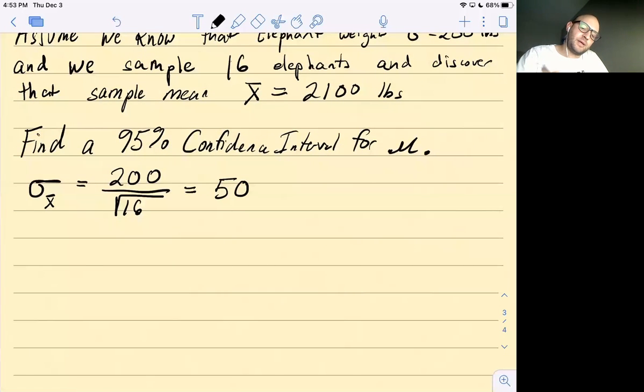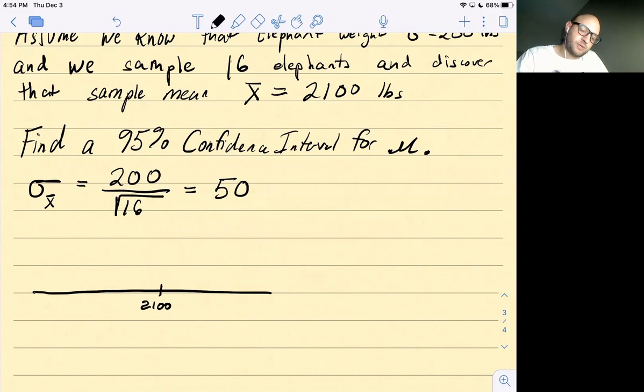And the reverse reasoning is that I'm going to see how far away I can be from 2100, so that there's a good chance I'll observe 2100 given that my mu is something a little bit further from 2100.